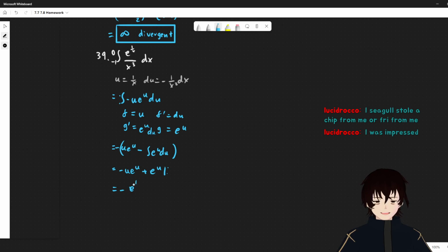Negative e to the power 1 over x plus e to the power of 1 over x from -1 to 0.